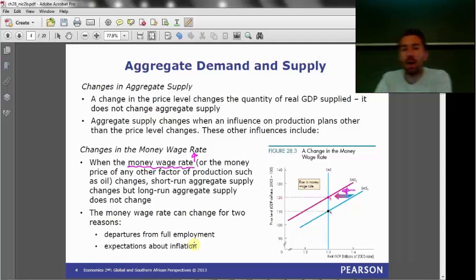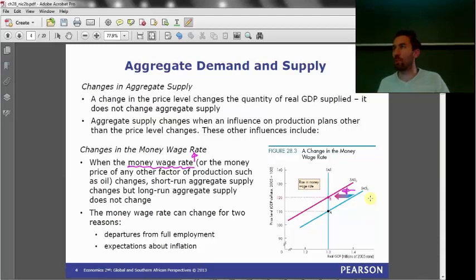So for now, what we're summarizing here is, if the prices of your factors of production go up, your short-run aggregate supply shifts to the left. Now that should be familiar from microeconomics as well. Remember, when your input prices go up, supply shifts to the left. Why?